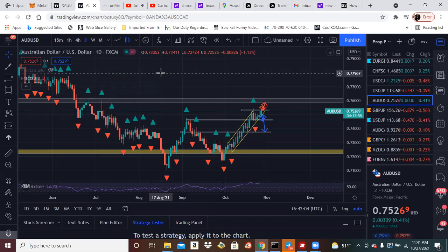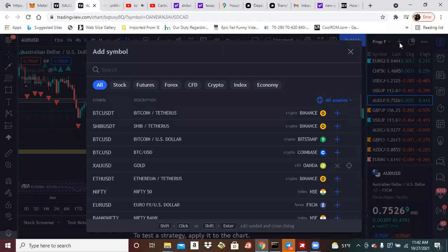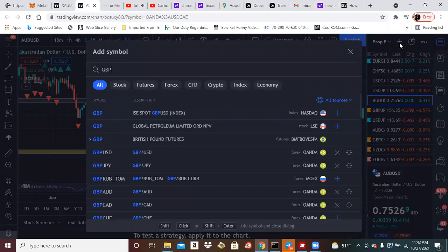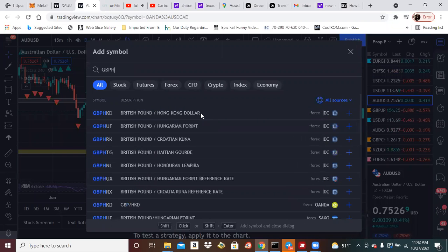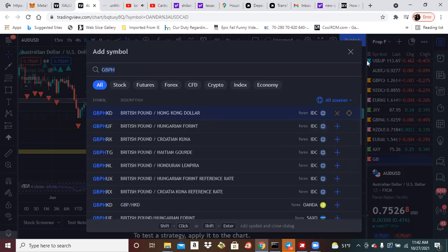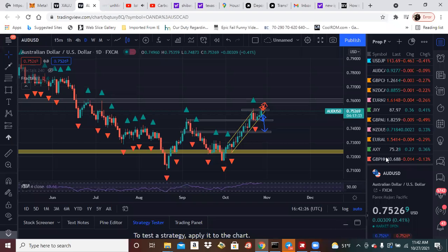If GU is dropping, GJ usually drops. And that's why sometimes you see AJ consolidating too much. And even the Chinese dollar. I don't know if you ever looked, but like GBP versus Hong Kong dollar, right? GBP Hong Kong dollar. I used to trade this.